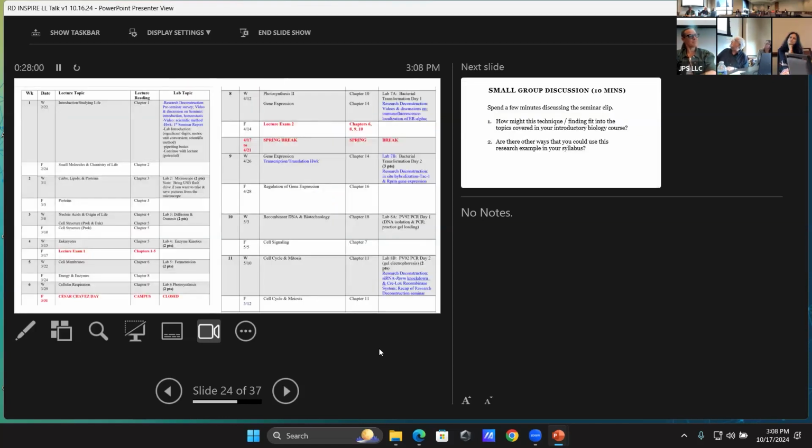So this is just an example of a syllabus where she'll have, at the beginning, students watch the seminar in week 1, and then at different parts during the semester. So for instance, when she talks about gene expression, she gets into talking about immunofluorescence, immunostaining, and the estrogen receptor and how they were able to localize estrogen receptor expression to particular neurons.